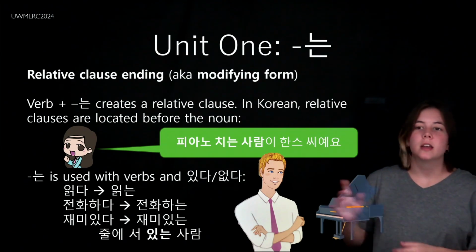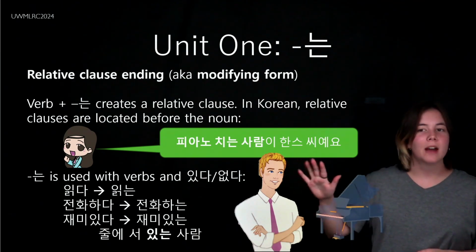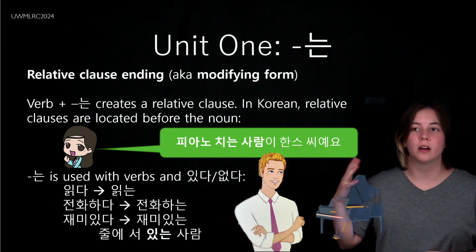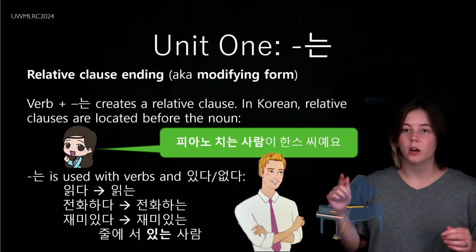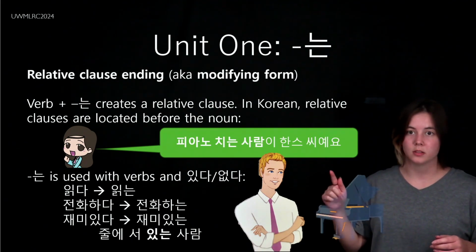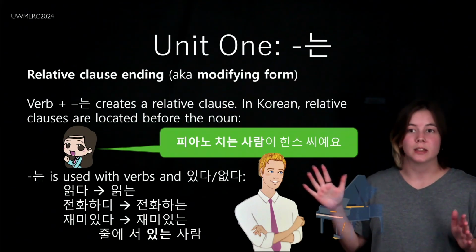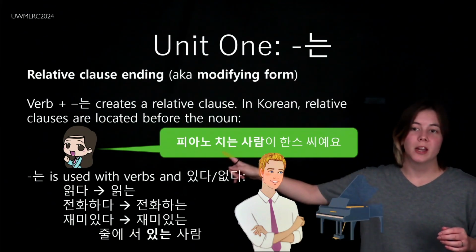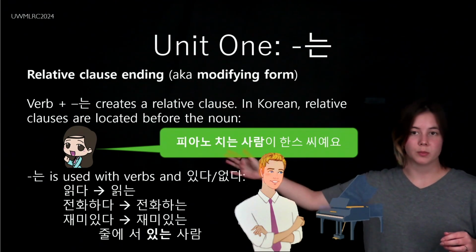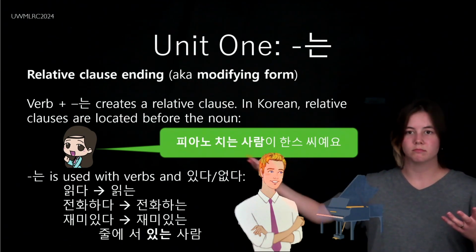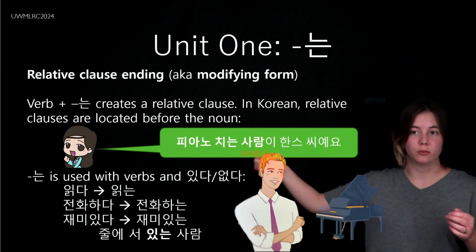So notice how you typically have to translate backwards. When you have modifying forms, especially when you get to longer ones, you will often be translating backwards. So keep that in mind. Person playing piano, because in Korean, describing or modifying form goes before the noun.